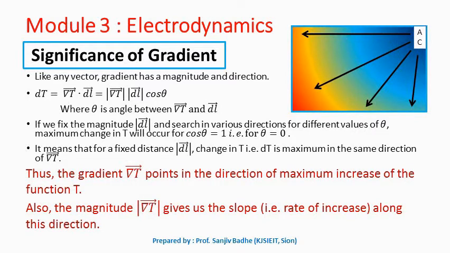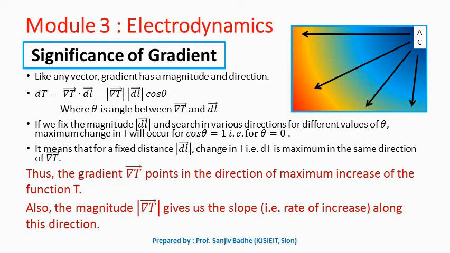It depends on position. Near the AC it is getting cool fast, and away from the AC it takes some time to get cool. So the variation of temperature depends on the position. This variation can be understood by writing a gradient. So gradient of temperature means rate of change of temperature in a particular direction.